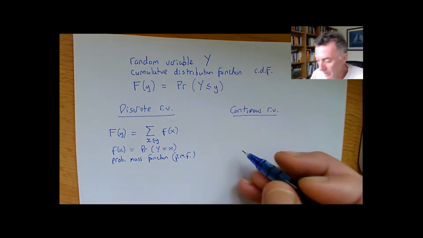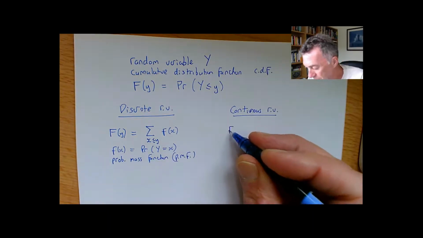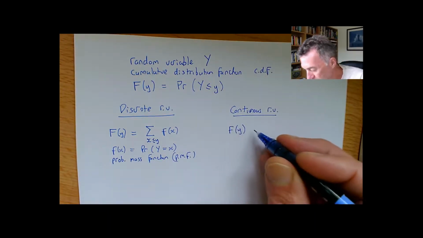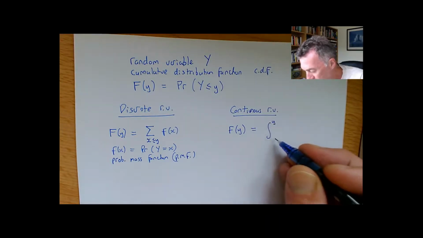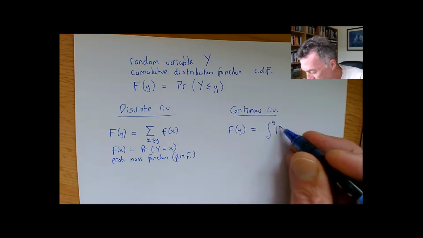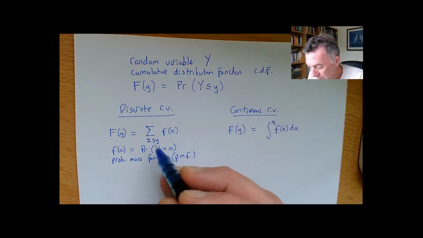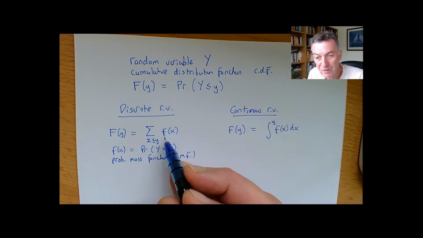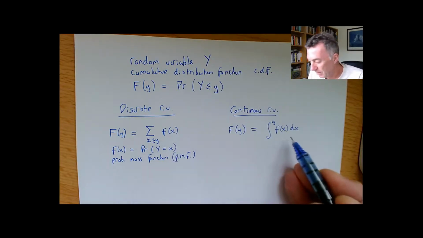For a continuous random variable, instead of having a sum, we replace that with an integral up to little y of f of x dx. Here we had a sum over all the probabilities of the values smaller than little y, and here we do the integral.